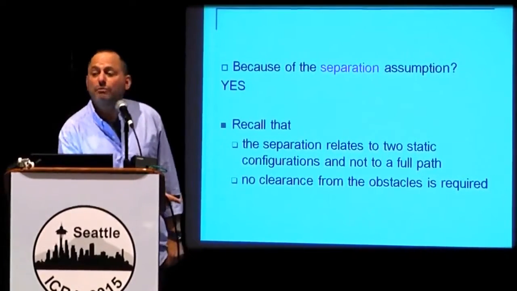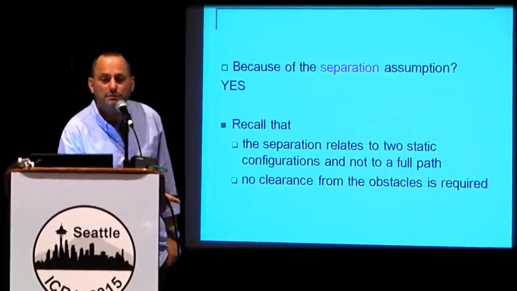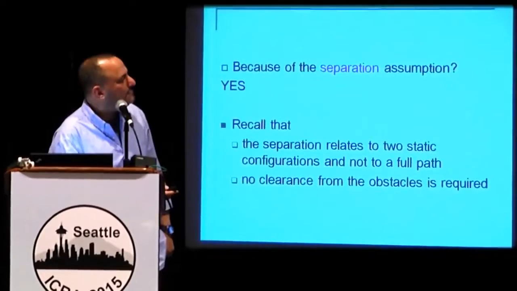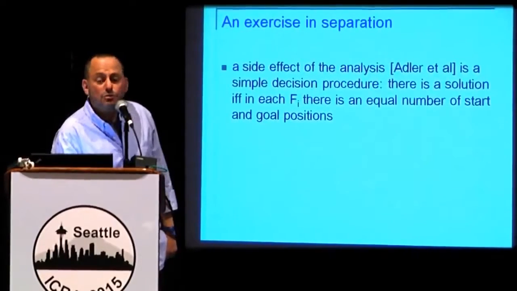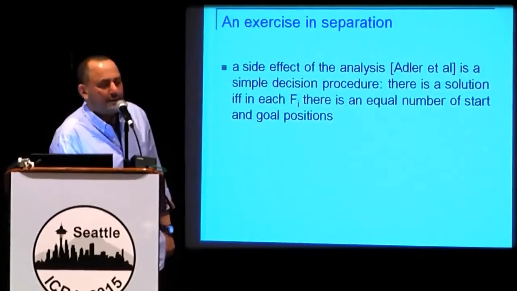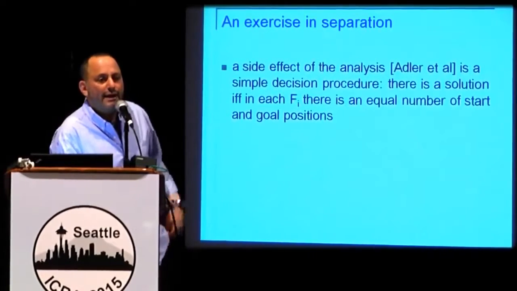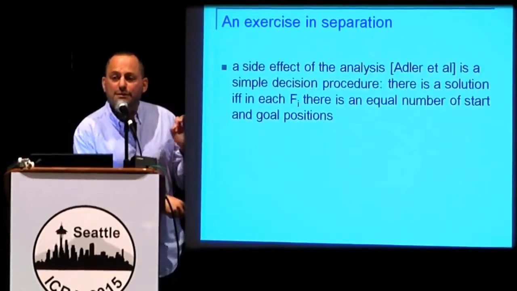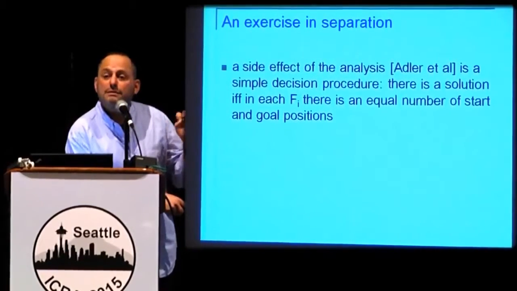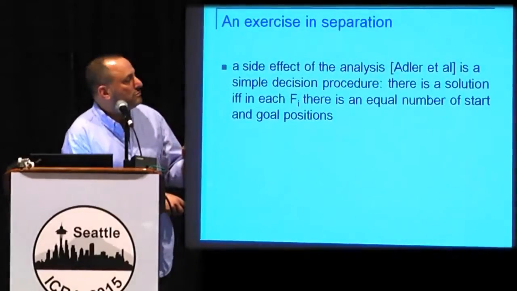Secondly, we do not require clearance from the obstacles. The start and goal can be attached to the obstacles. Okay, so separation is crucial here, and there's an interesting side effect in our analysis. It's a very simple decision procedure that tells you whether the problem is solvable or not.